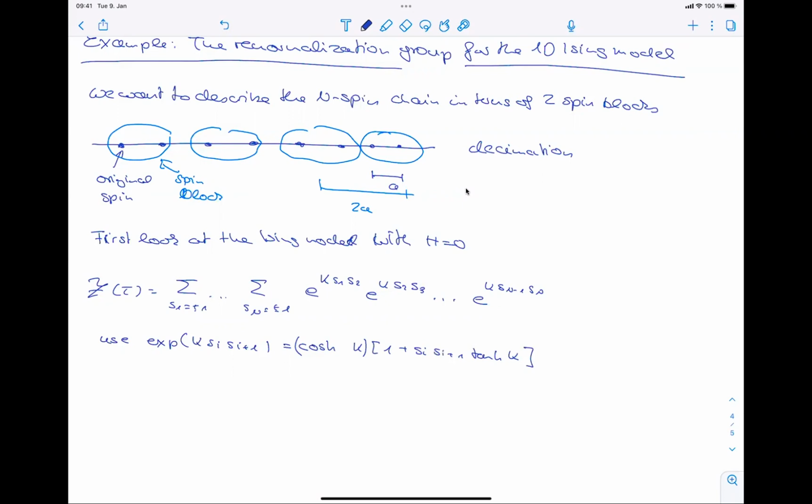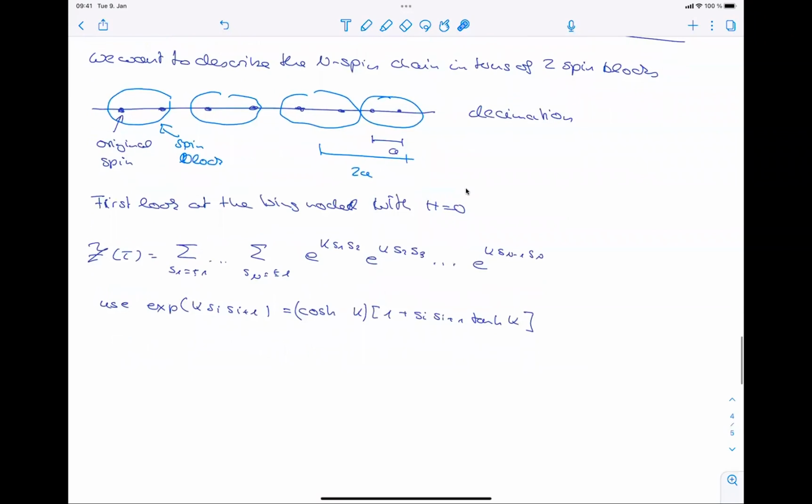Since all these exponents are products of each other, the cosh moves out. If I sum over s_(i+1), it pops up twice in two terms.